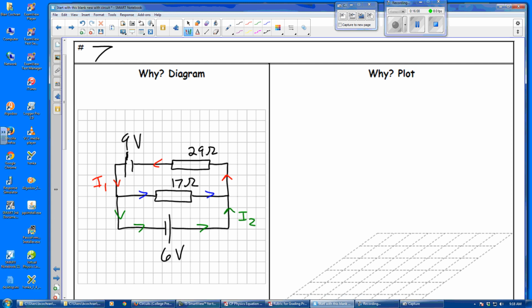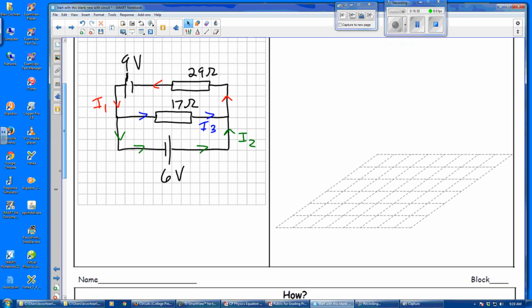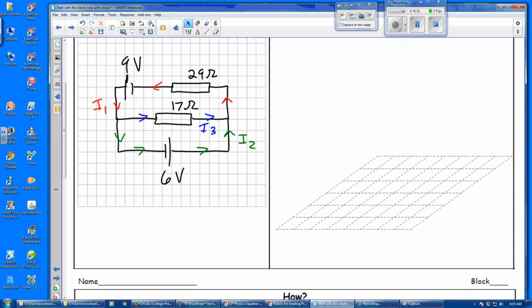Thank you, London. That would be I3 in there. I'm also going to arbitrarily pick that between the 9-volt battery and the 29 ohm resistor, when I get around to plotting, I'm going to call that 0 volts, just for convention.